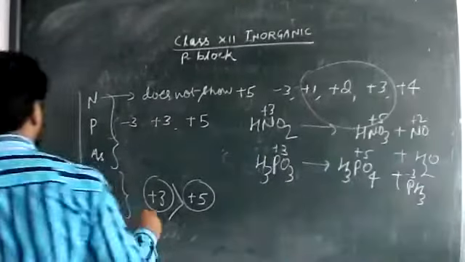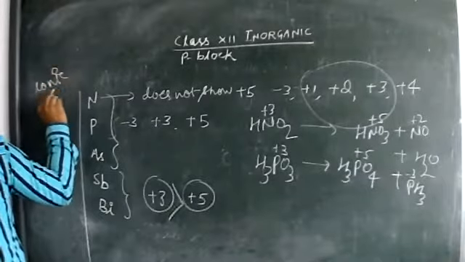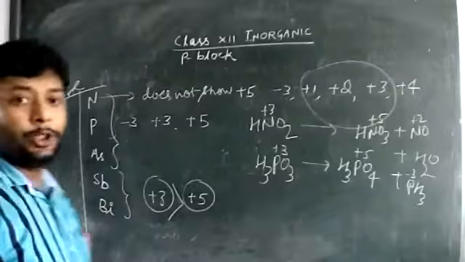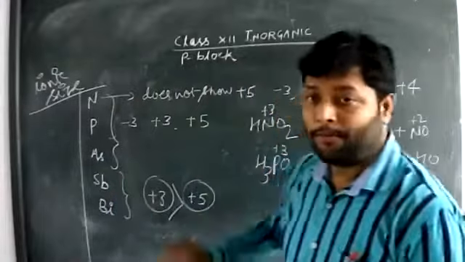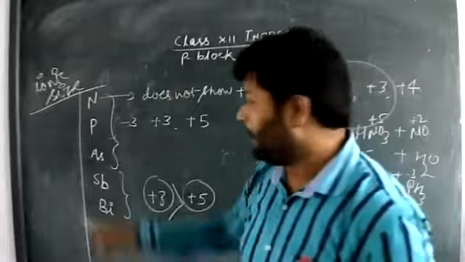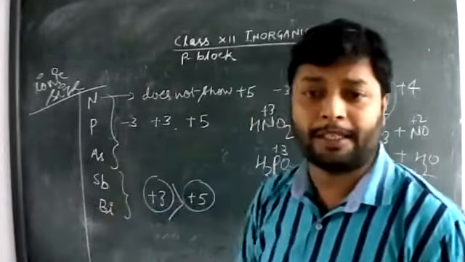Actually, ionic size from nitrogen to arsenic first increases, then decreases to antimony, then again increases to bismuth.